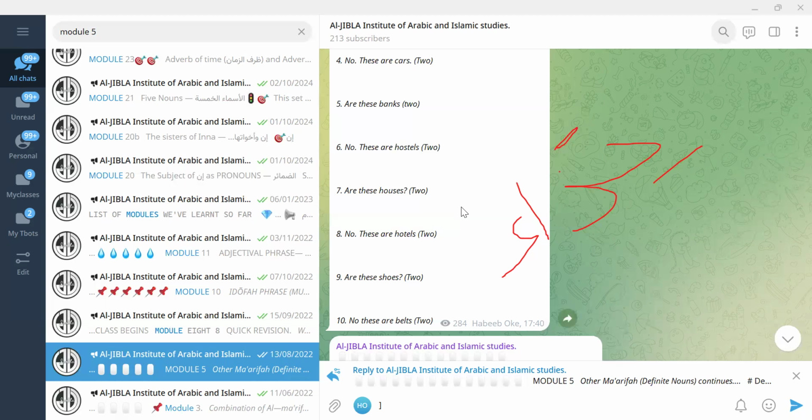Okay, so let's learn by observation. We observe how words are used by the natives, and that is how we also use it, inshallah. Okay, now barakallahu fikum. No, these are not belts. So how do we say that?